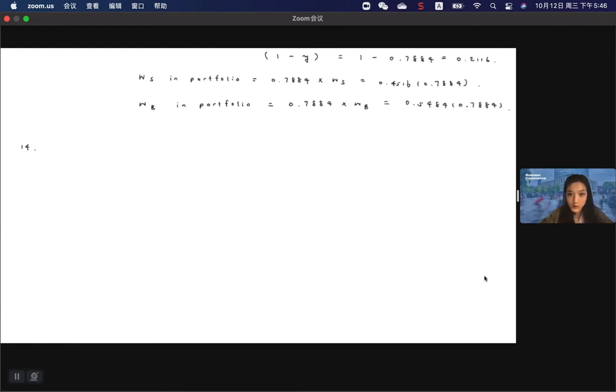Question 14. True or false? Assume that expected return and standard deviation for all securities, including the risk-free rate for borrowing and lending, are known. In this case, all investors will have the same, oh, sorry, I'm looking at the wrong question.